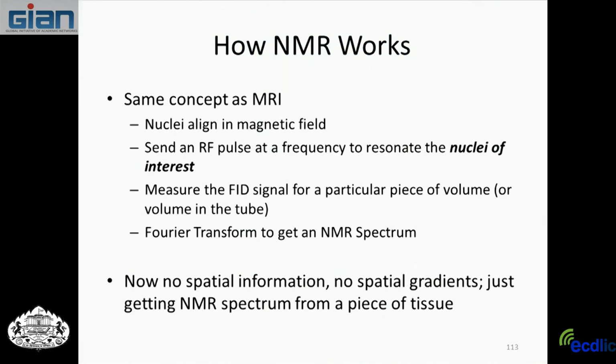What you do, again, is you align all these nuclei in a magnetic field, and you send an RF pulse at the frequency of resonance of the nuclei of interest. Say you want to measure how much nitrogen is in a piece of tissue. You send that resonant pulse at the frequency of the nitrogen, and then you listen for it to come back, and you can characterize how much is in that piece of tissue.